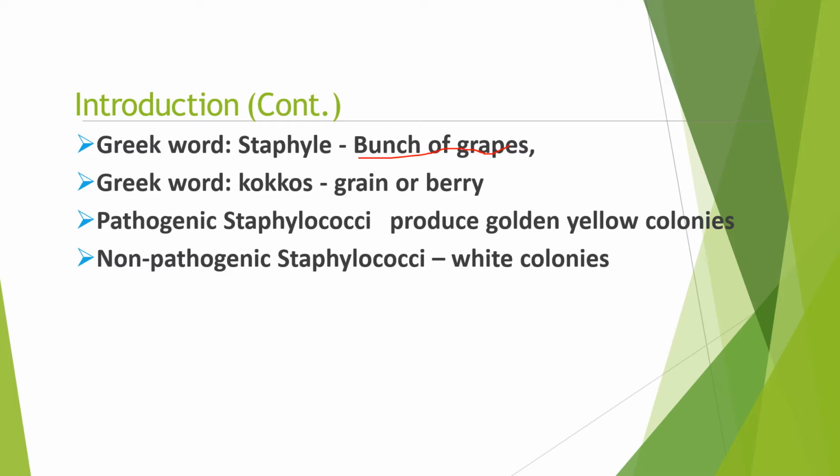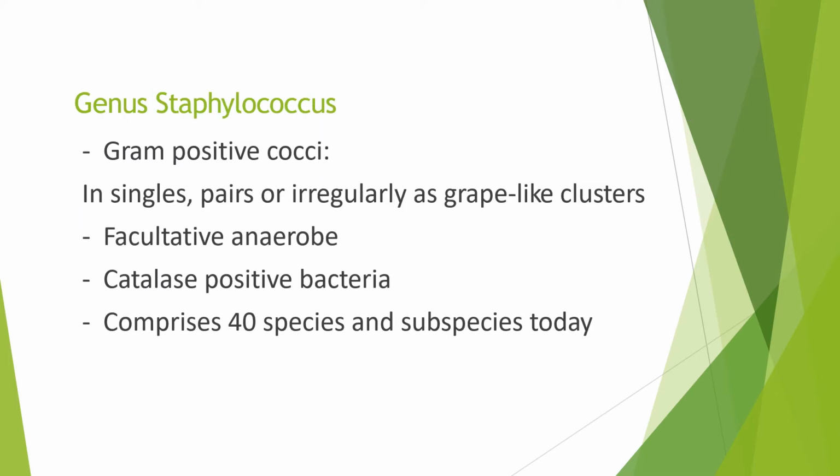There are many staphylococci, pathogenic and non-pathogenic. Golden yellow colonies are produced by pathogenic ones, and white colonies are produced by non-pathogenic staphylococci. Moving on to the genus Staphylococcus, as already told, these are gram-positive cocci.